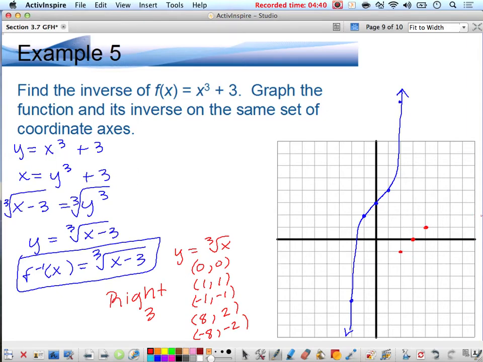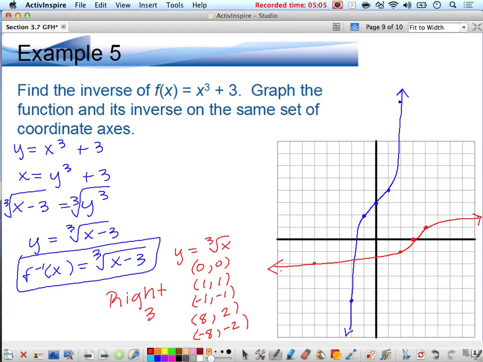Now that's going to be way over here off my graph, so I can't really see it very well. But negative 8, negative 2, and then move it to the right 3 units. So if we imagine drawing that, it looks kind of like this graph here. Do you guys see that?